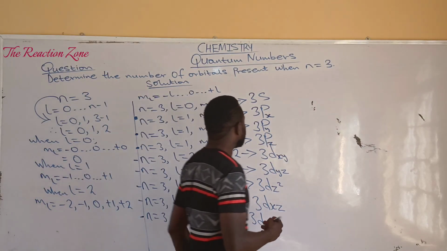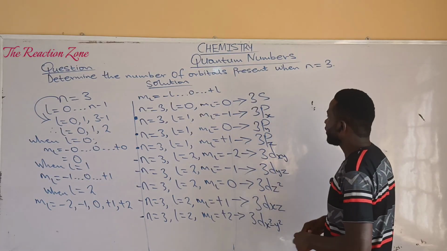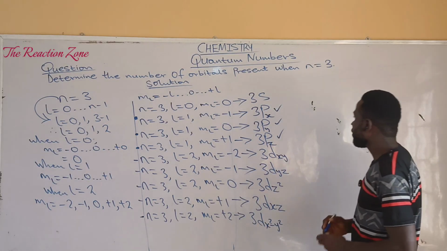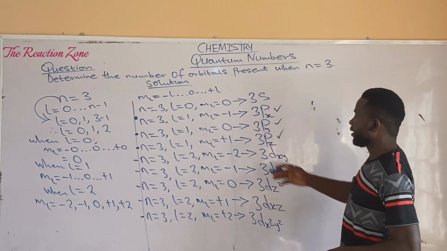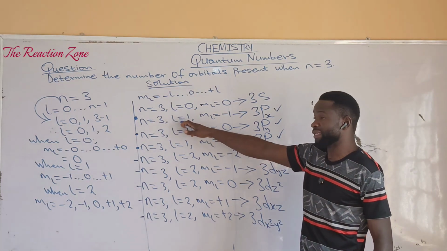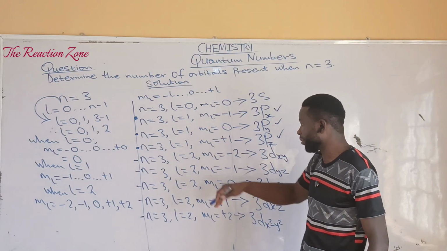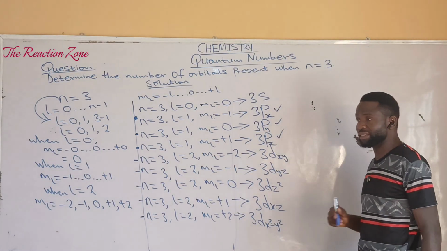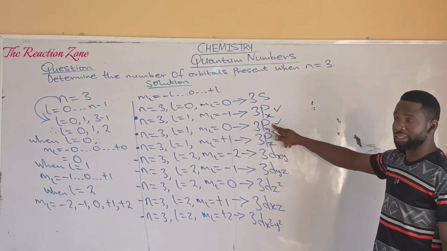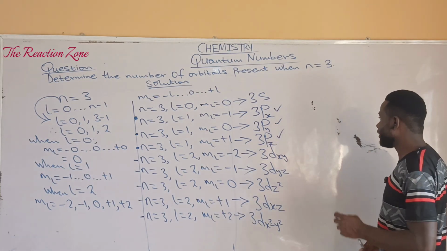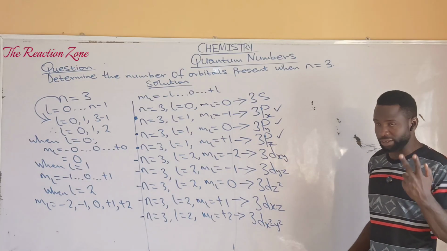Now, if we look at these 3 here, we will discover that their principal quantum number as well as their orbital quantum number, that's the azimuthal quantum number, are the same, but their magnetic quantum numbers are different. That tells you that the p orbital is degenerate, and it is threefold degenerate.